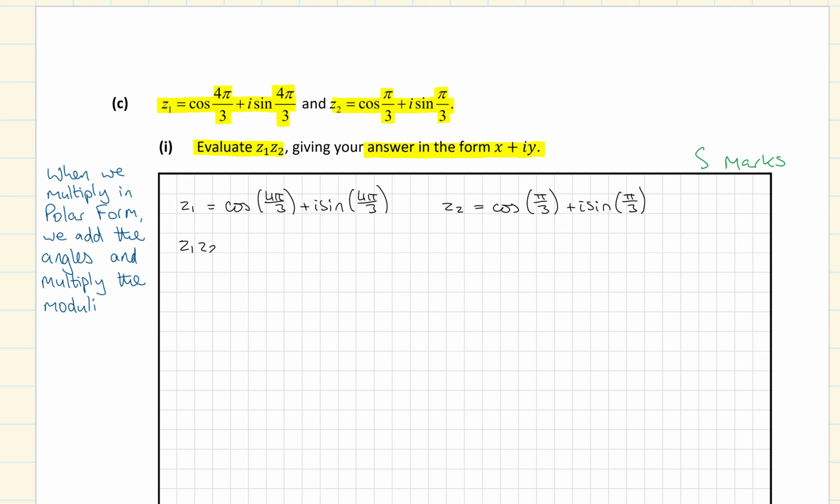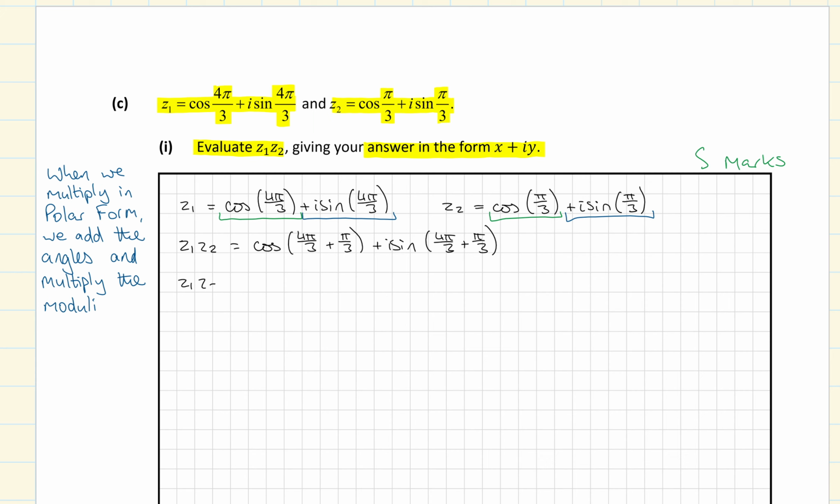So Z1 by Z2 will equal cos of 4 pi over 3 plus pi over 3 plus i sine of 4 pi over 3 plus pi over 3. So what happens here essentially is we treat these two and then these two, a like with like approach.